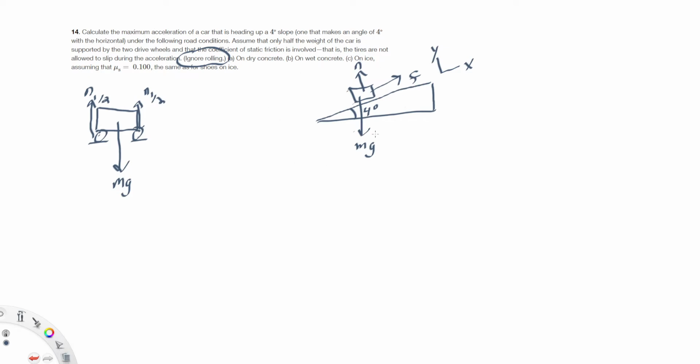Okay, so here's our situation. Let's break down the three vectors that we've got. Friction is going to be just in the x direction, and only the front wheels are going to produce friction that actually moves the car. So there's going to be a factor of a half in there.